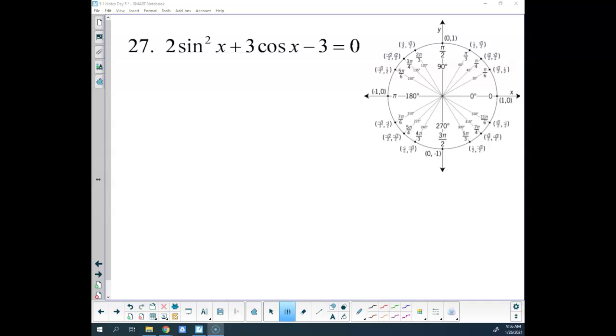What I would do is take this sine squared and, using the hammer, make that into 1 minus cosine squared.